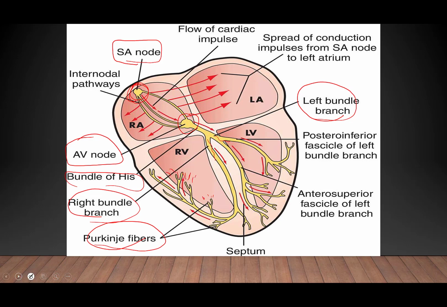Okay, so suppose that this is the heart. This is the right atrium and left atrium, right ventricle and left ventricle. Here you have the SA node.